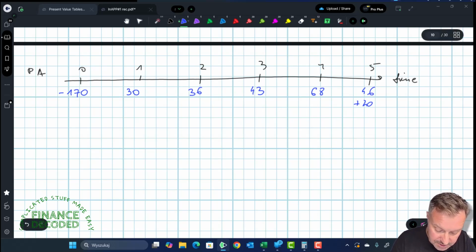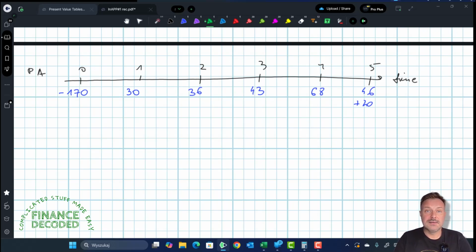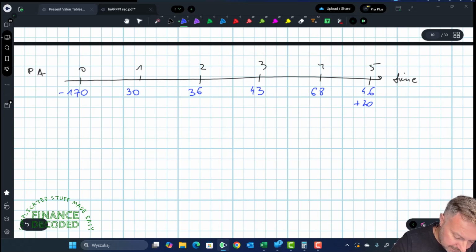Now how will I calculate the payback period? I'm going to start accumulating the cash flows for year 1, for the first 2 years, first 3 years, and so on, and see when it exceeds 170, or when the total cash flow of the project, including the investment of 170, exceeds 0. So I'm going to put here the cumulative cash flow on the project.